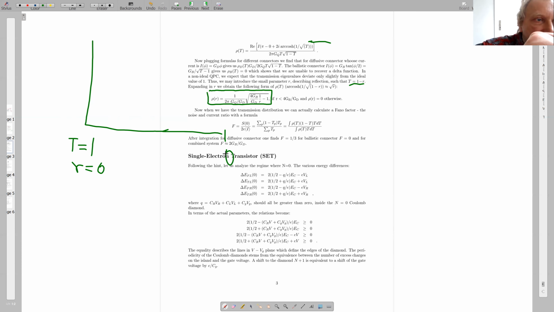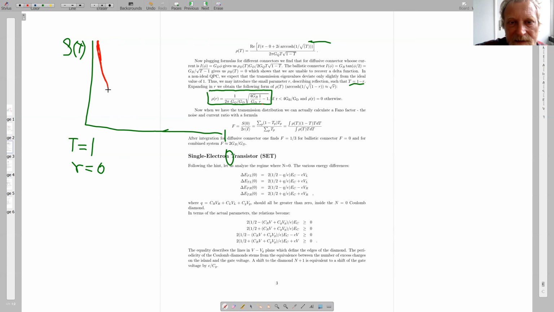And this distribution, if I look carefully, I see that it diverges at small r. Well, this divergence is integrable, so there's nothing wrong with this. It diverges as a square root.